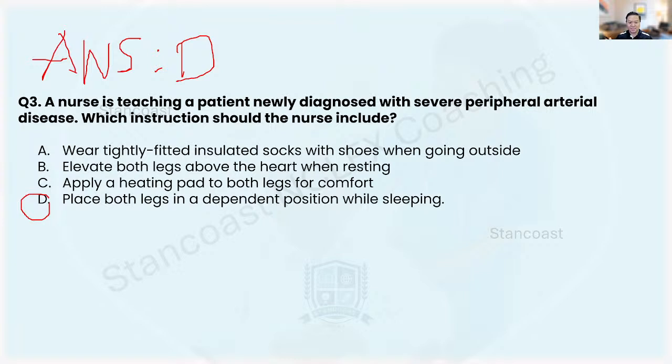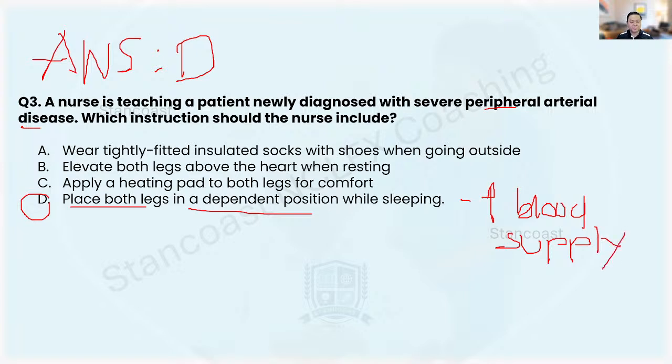That is the correct answer. Severe peripheral arterial disease. Place both legs in a dependent position to allow what? Blood supply. Or to promote blood supply to the distal extremity. Okay, that is a correct answer.